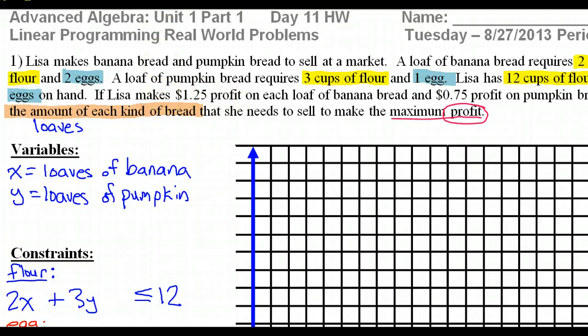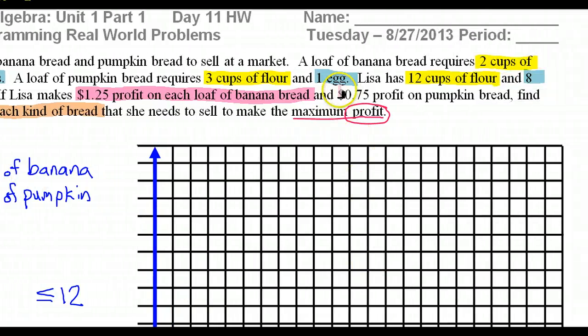So, and here, oh, whoops, I didn't have my highlighter tool. Messed up. Burton, you done messed up. Lisa makes $1.25 profit on each loaf of banana bread. Okay, $1.25 per banana bread. That's X. And then 75 cents profit on pumpkin bread.